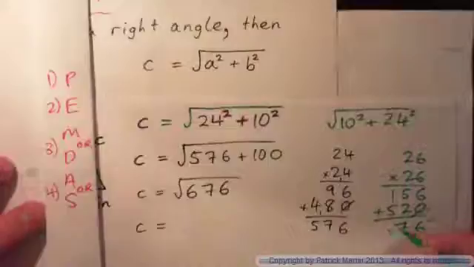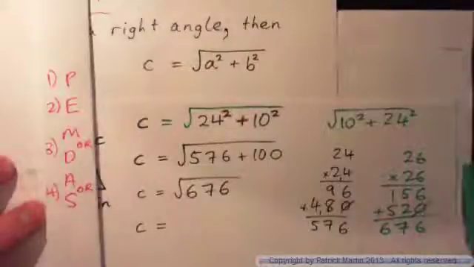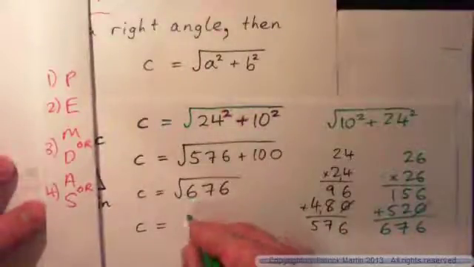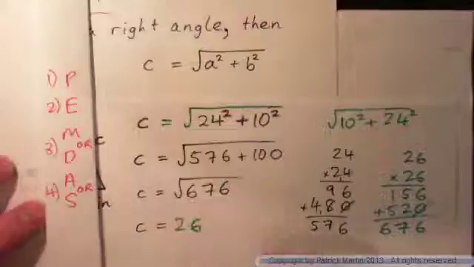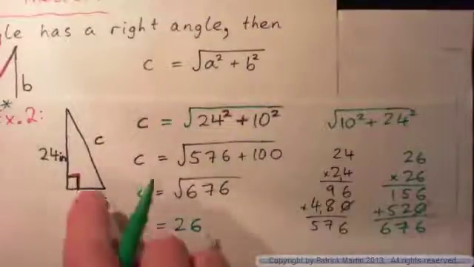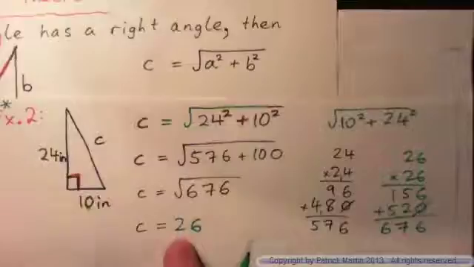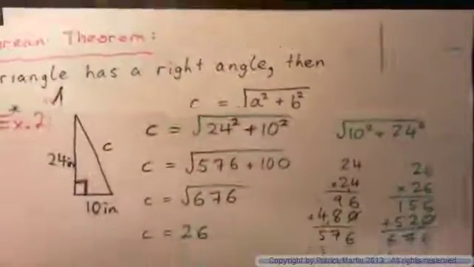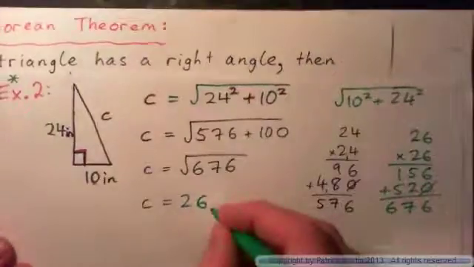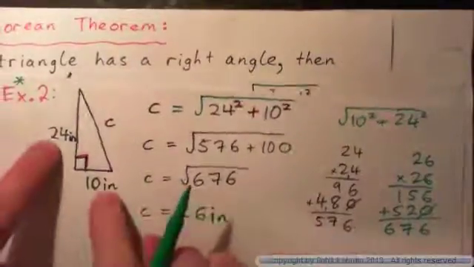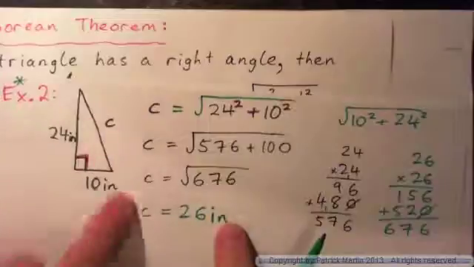So 6, 7, 6. Okay, so the square root of 676 is actually 26. Anyway, I don't think you have any that bad in the homework. Hope not. Okay, so that's the answer, and it's inches, right? Because if these sides are measured in inches, this has to be inches too, right?